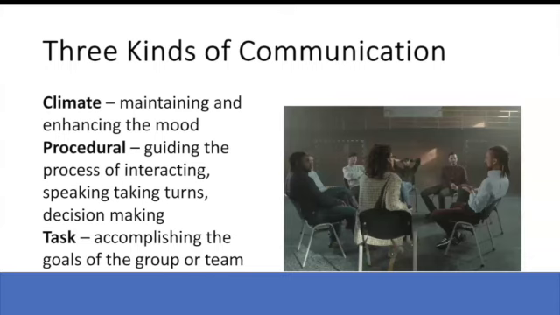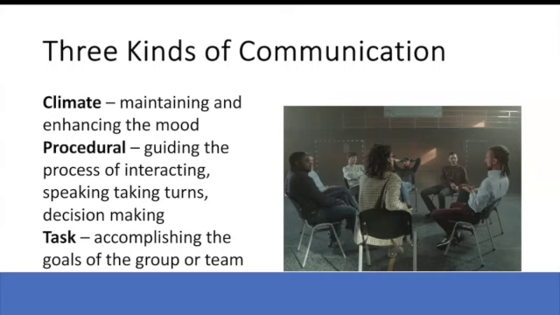Now, within a group, there are three kinds of communication that happen, and all of them are important for the group to be able to accomplish its goals. The first is called the climate. The climate is the kind of communication that tries to maintain and enhance the mood.